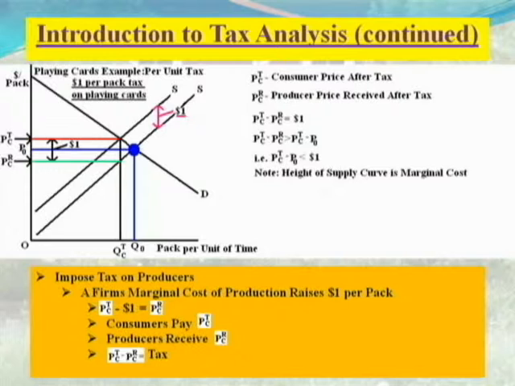And then it's also the case where the PTC minus P sub 0 is less than the entire tax. And remember that the height of the supply curve is the marginal cost. So if you impose tax on the producers, a firm's marginal cost of production raises $1 per pack.